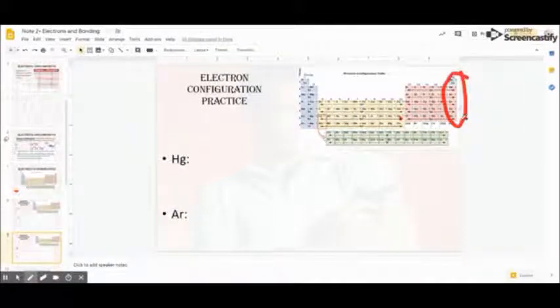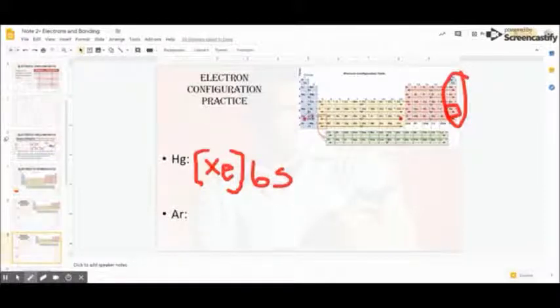That would be xenon. To show that we're starting at xenon, we put it in brackets. And then we continue our configuration. After xenon comes 6s, and there are 2 boxes.